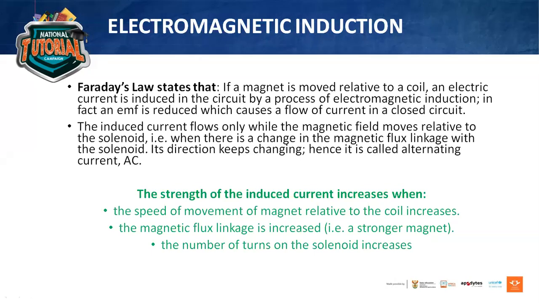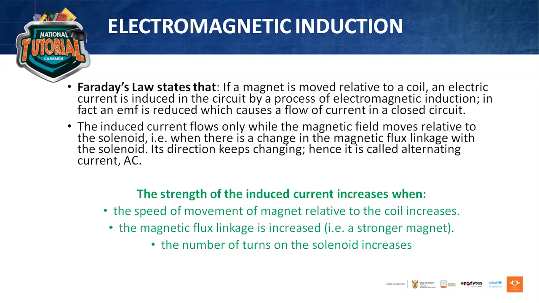Just like we mentioned before, when you place a current conductor relative to the magnet, an electric current is induced in the circuit by a process called electromagnetic induction. In fact, an EMF is produced, which causes a flow of current in a closed circuit.